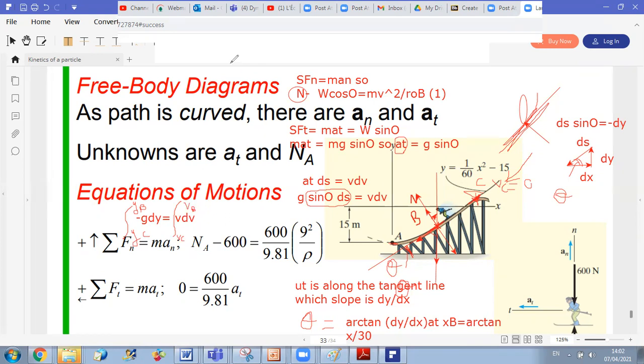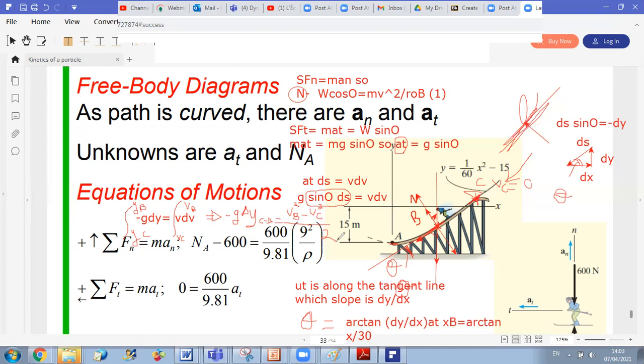The result of the integration gives minus g times delta y between points C and B equals v_B squared over 2 minus v_C squared over 2. So just by being given the boundary condition, we can find the velocity at any point, and therefore we can calculate the normal acceleration. Okay?